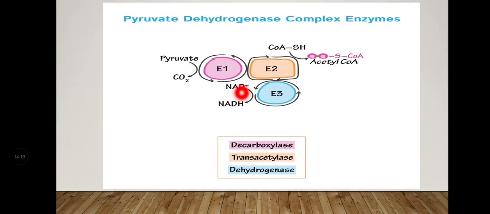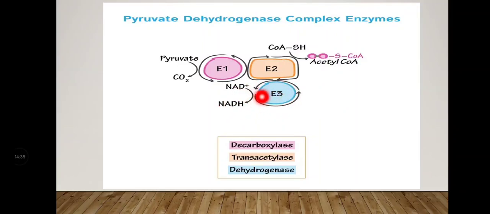So this is the complex enzyme. You have E1, which works on the pyruvate to convert it and produces carbon dioxide. Then you've got E2, which requires coenzyme A to form acetyl CoA.